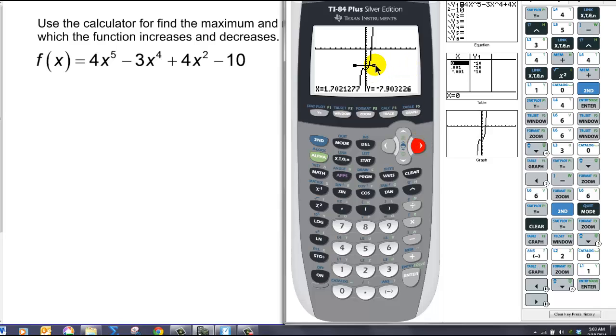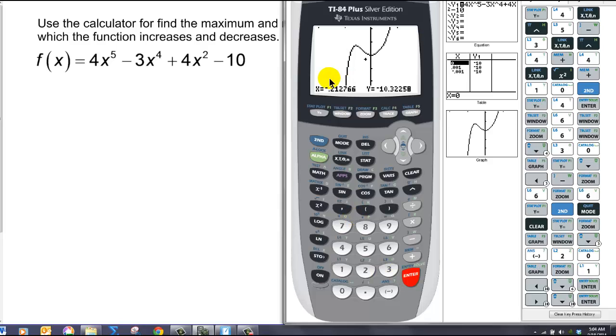I want to drag it over just about to here, and then I drag it down, and notice what it creates. It creates a rectangle or a box around the area I'm mostly concerned with. Once I've done that, I hit enter, and now my window will blow up to the box's size. And we can now see the fluctuations of this graph much better.